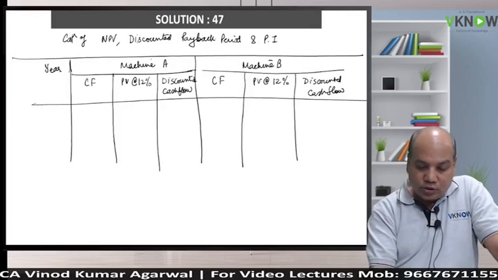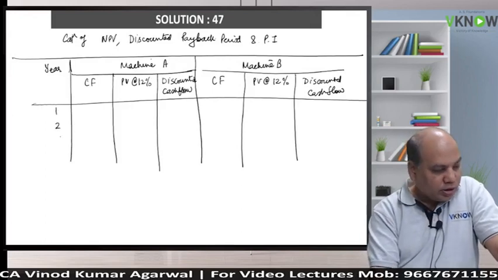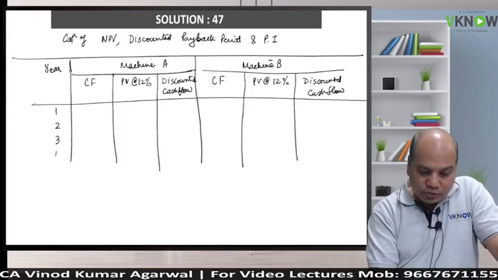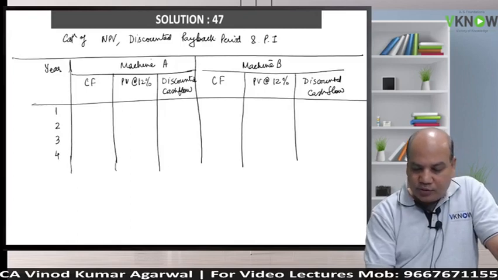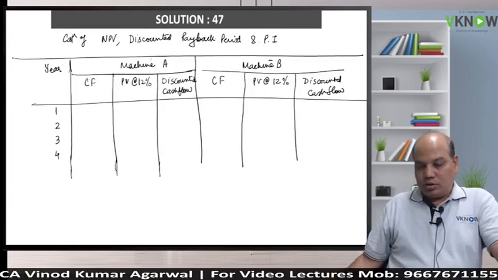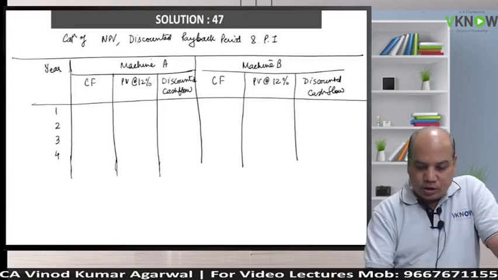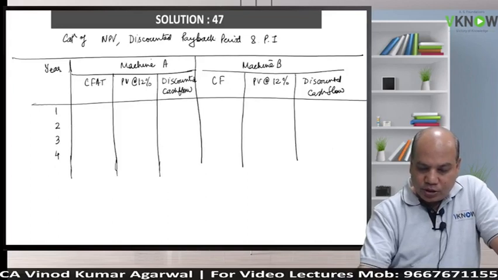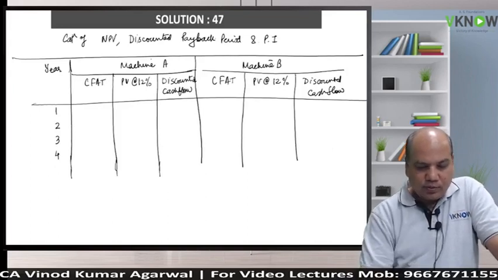This time write down year. How many years are there? 4 years. So first we will compute the PV of cash inflows. How much CFAT have you computed in the previous table for machine A?